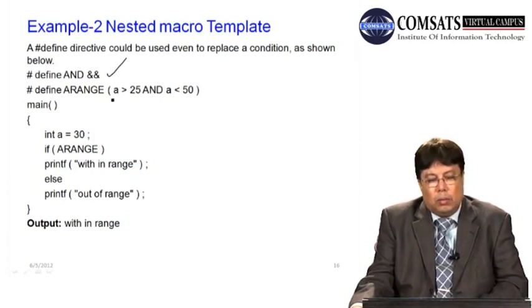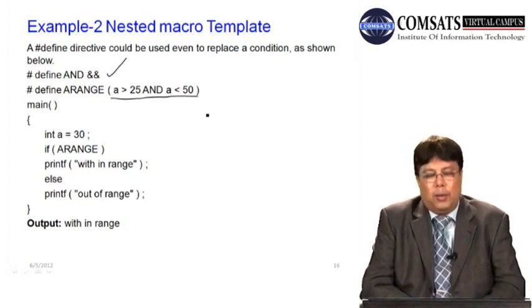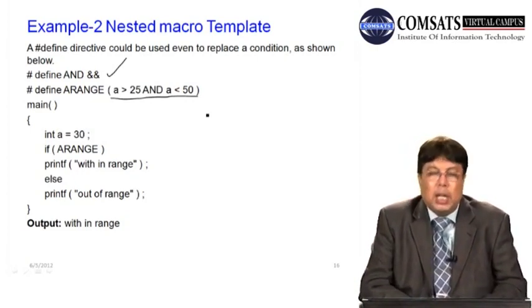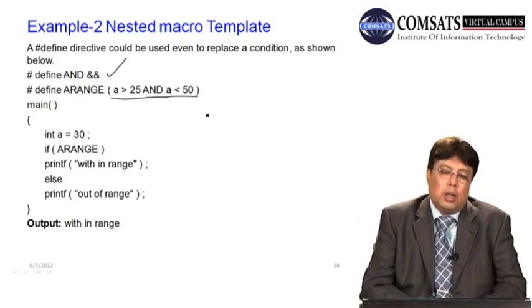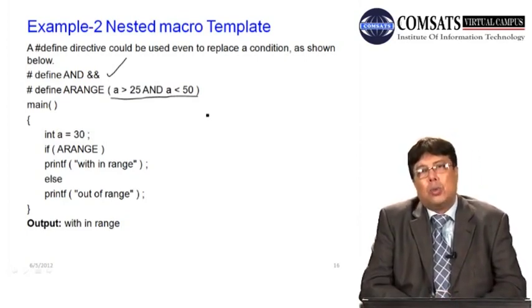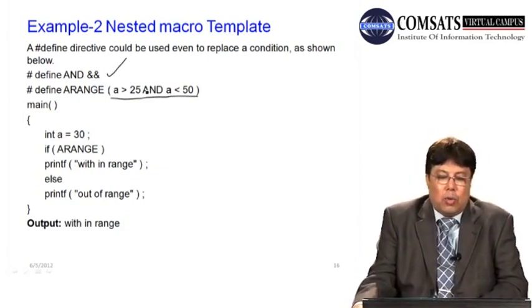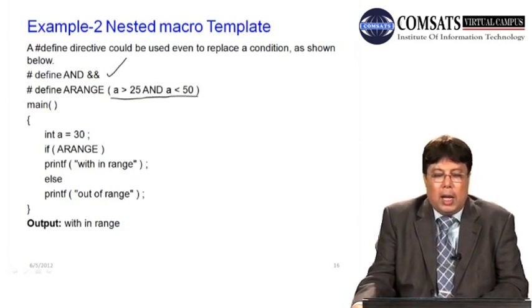Now we can say that if a student gets a marks a is greater than 25 और a is less than 50, किसी बच्चे के नंबर अगर 25 से ज़्यादा और 50 से कम हैं तो we can consider कि that student, वो जो बच्चा है, is an average student. Okay, so this test a is greater than equal to 25 and a is less than equal to 50, we have defined it as word average.